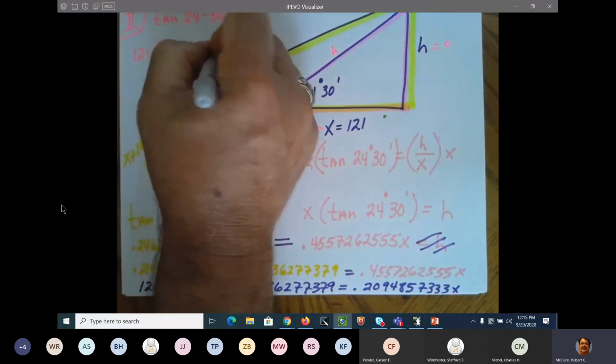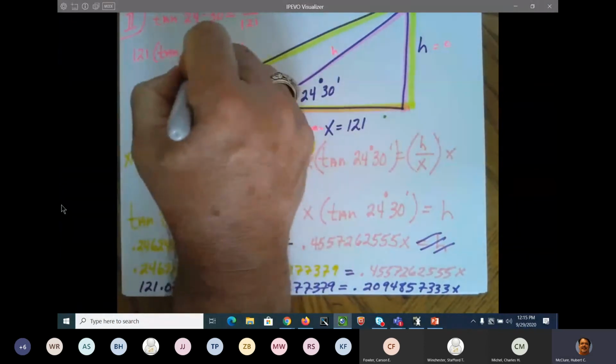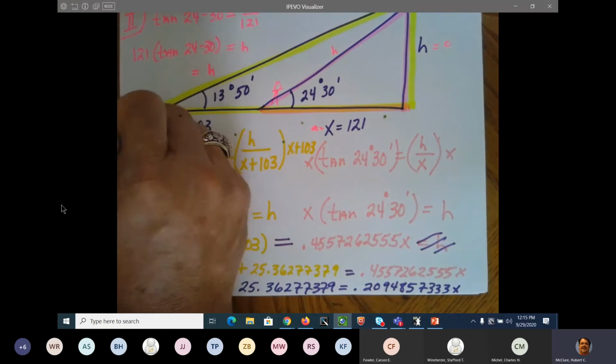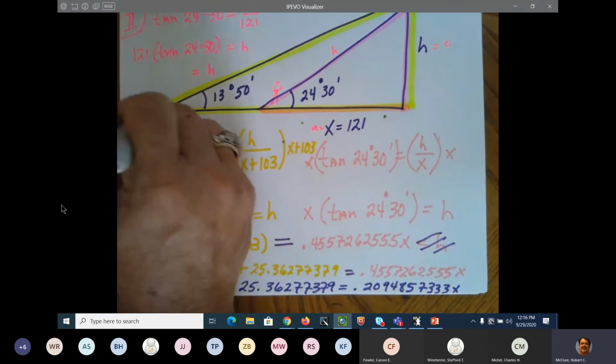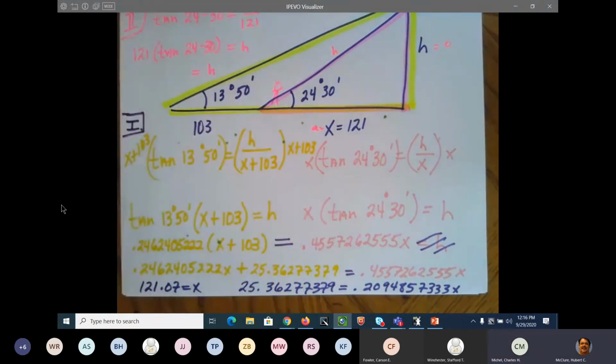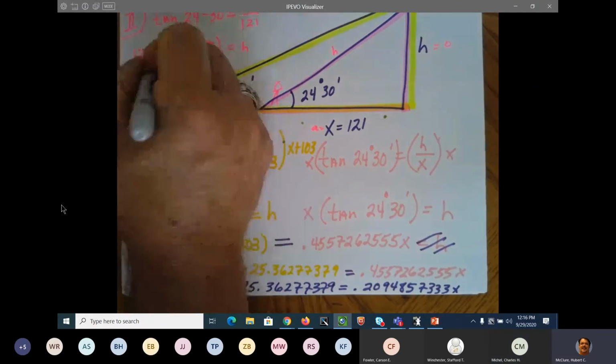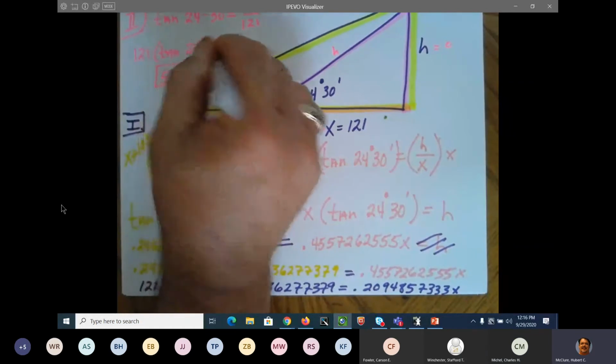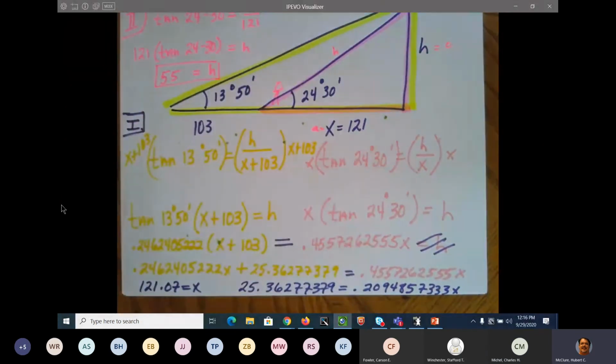Has anybody done it yet? Just give me a whole number, please. This is part 1. 55.14. I'm going to say 55 because the other ones were, of course, the pyramids are taller than that.